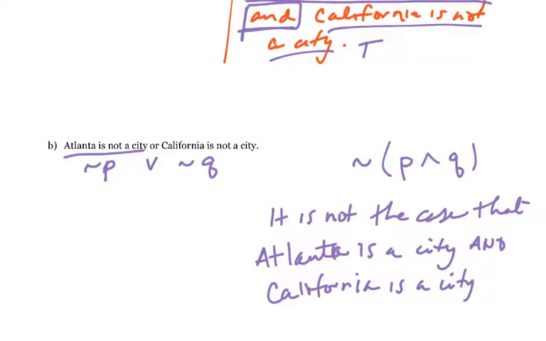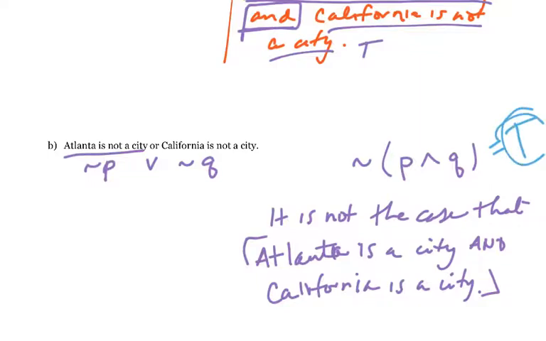Okay, so if you think about this, it is not the case that Atlanta is a city and California is a city. So we have to determine if that is true or false. Well, if we think about this statement, Atlanta is a city and California is a city, we know that that is false, but this is the negation of that, which is true. It is not the case that Atlanta is a city and California is a city because California is not a city. So this is a true statement.